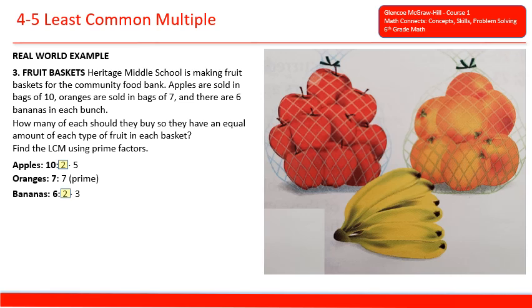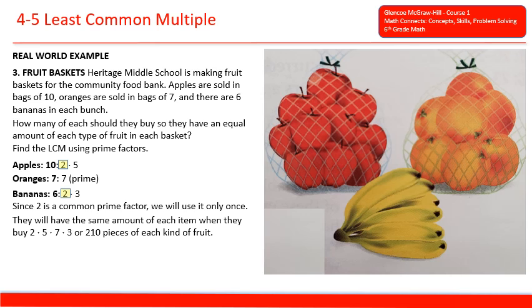So we find the common prime factors, and we're only going to use that number once. Since 2 is common, we're going to use it only once. And they will have the same amount of each item when they buy 2 times 5 times 7 times 3, or 210 pieces of each kind of fruit. So if you want to have the same number of fruit, you have to buy 210 of each.